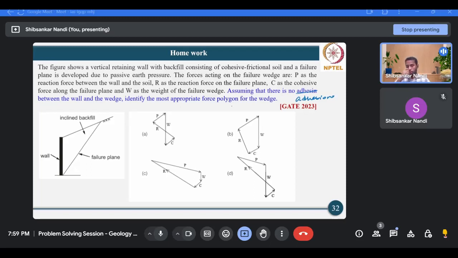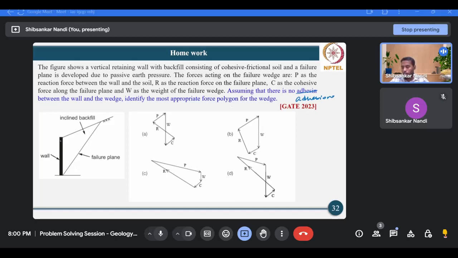Okay, so this is regarding Coulomb's passive earth pressure theory, because here we are considering the friction of the wall. As you know, in Rankine's earth pressure this wall friction was not considered, so the wall was considered perfectly smooth, but this is not the case in reality.